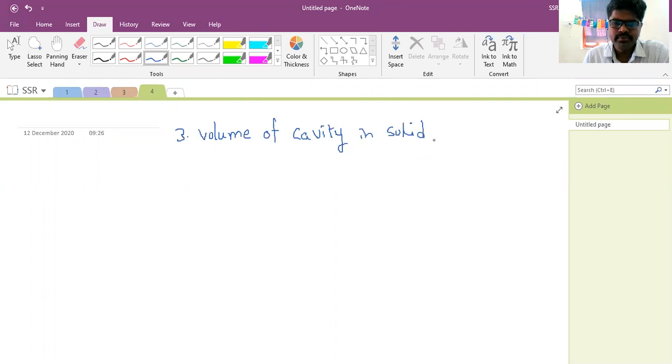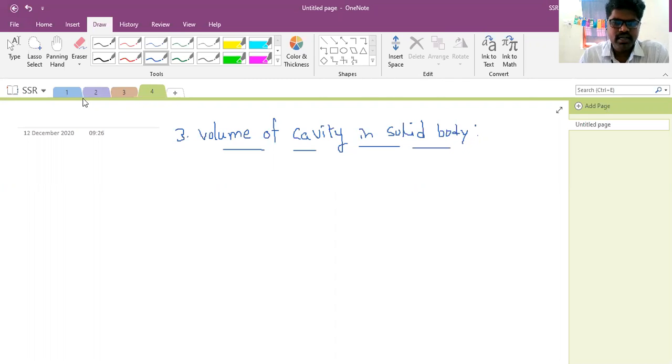We need to check this mainly in the case of ornaments, because you purchase them with a very high amount of money, the costliest. In that case, the cavity should not be there. So that we need to understand.